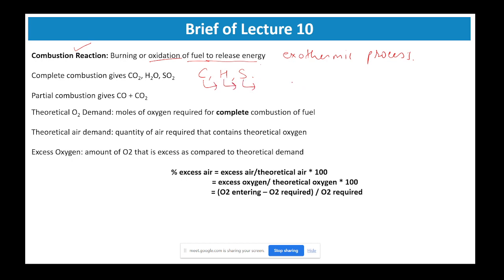Now combustion can be of two types. Oxygen is the only one which oxidizes or which results in combustion. So oxidation is due to oxygen, okay. So combustion can be complete combustion or it can be partial combustion as well.